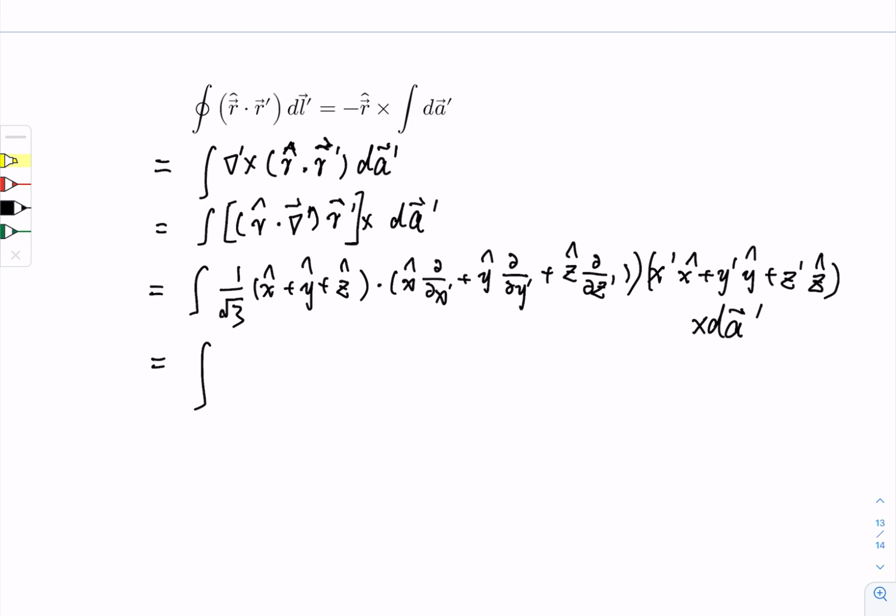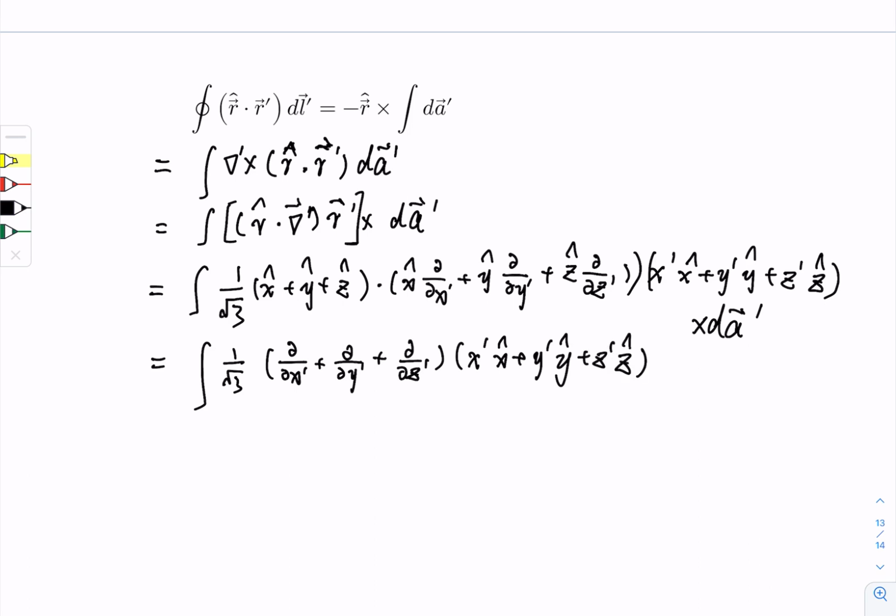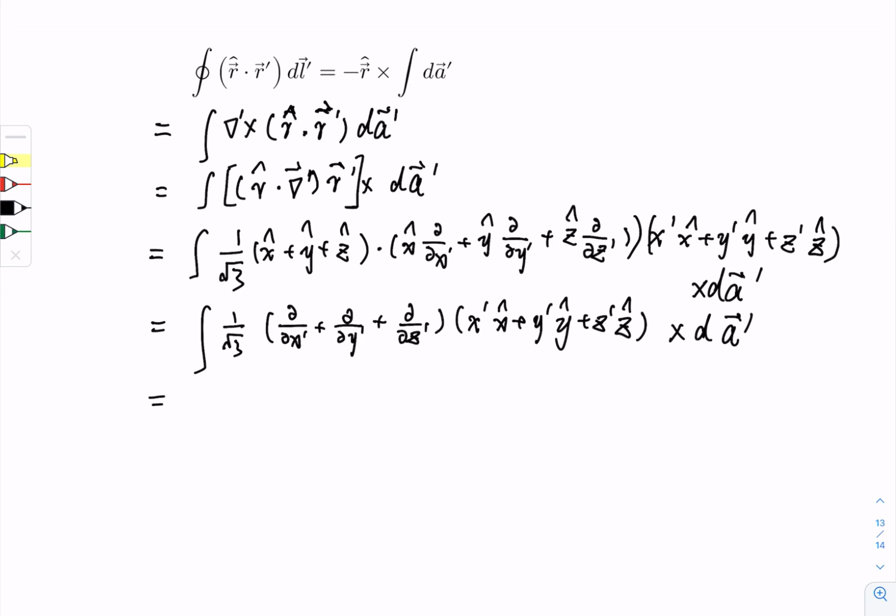So then we can combine the first two terms, and we get, now if we do the derivatives on the right hand side, we can see that the partial x is only along the x direction, partial y is only along the y direction, and so we get back x plus y plus z and cross dA.